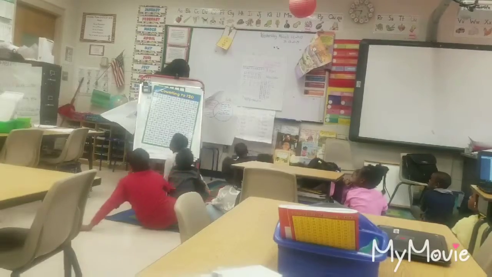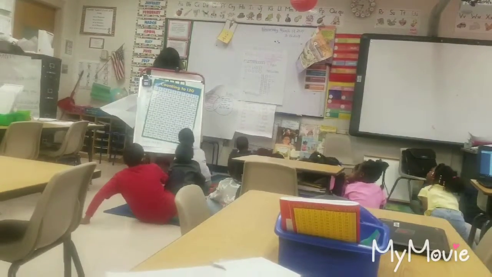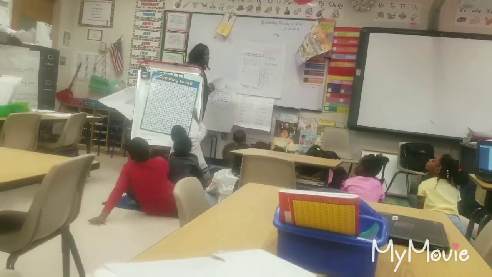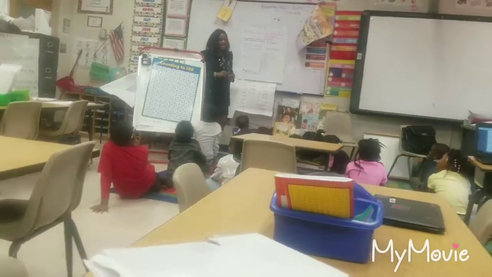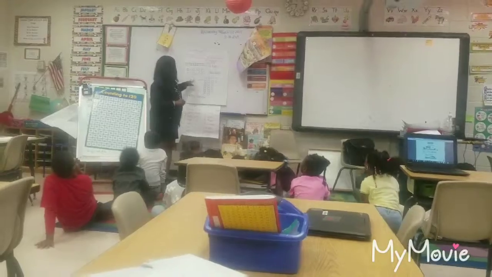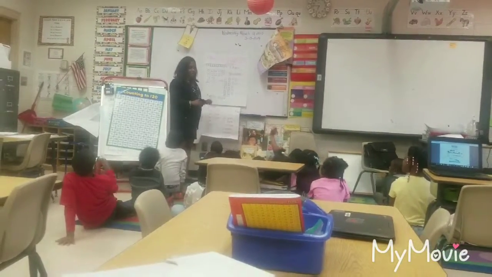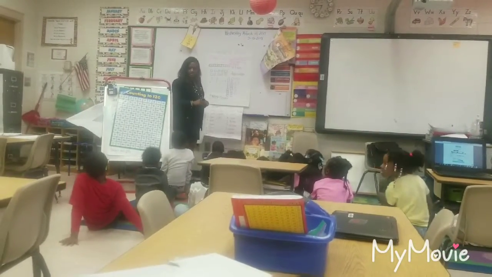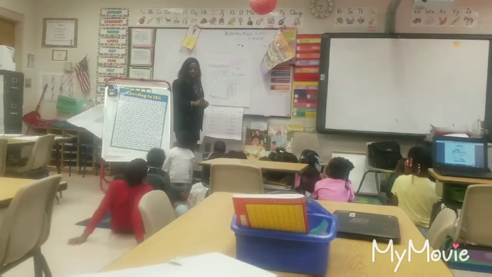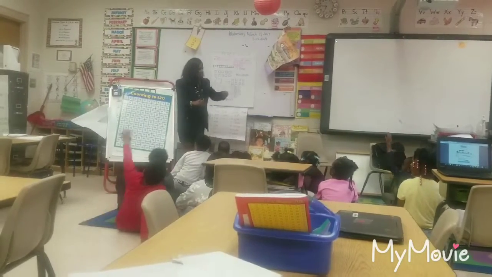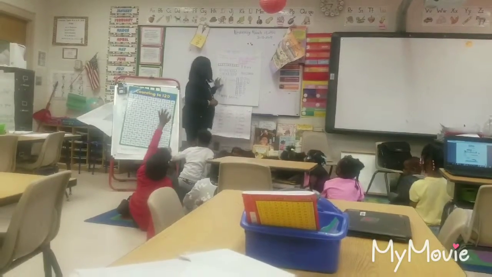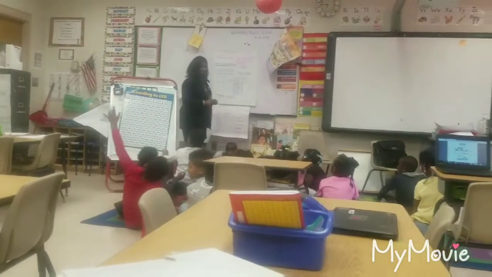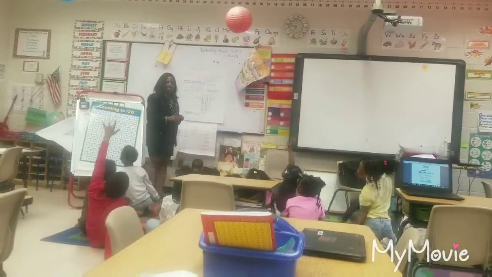And so when we say 2 digits, what do we mean? What's another name for a digit? Who can tell me another name for a digit? These are digits. Look up, Terramine.